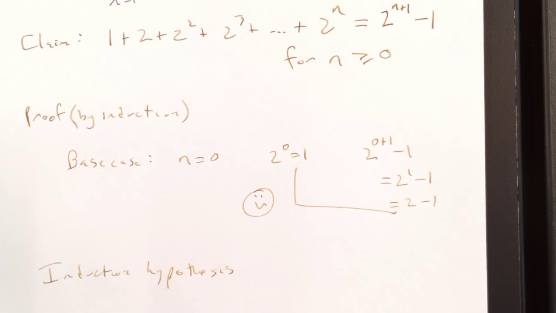You got P of n implies P of n plus 1, where P of n is defined as that sequence being equal to 2 to the n plus 1 minus 1. Yeah, but that's what I'm trying to show overall, right? So I don't think I want to use n again as my particular issue. So I'm just going to use k. But I start with P of k, right?